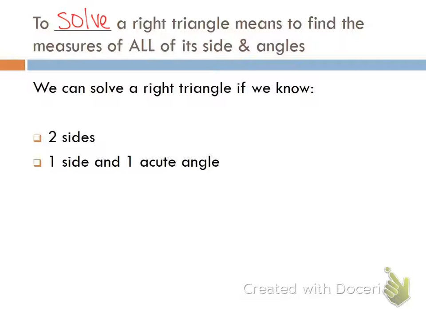We can solve a right triangle if we know 2 of the sides. It could be any 2 of the sides. Or we can solve it if we know 1 side and 1 of the acute angles. Obviously, if it's a right triangle, we always know that we have a right angle. But if we're going to solve it, we would also have to have 1 of the acute angles if we just have 1 side.